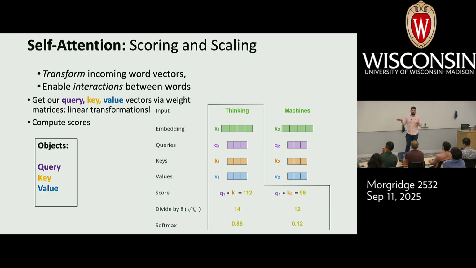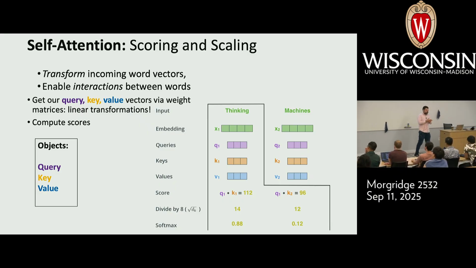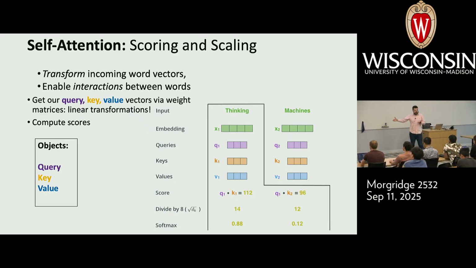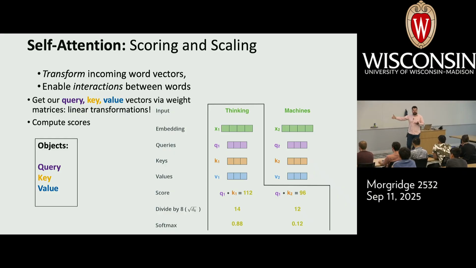Everybody okay with that? So what am I really doing here? I'm saying, oh, I'm looking at the first word in my sentence. What other words in my sentence have some interaction with this word? I'm trying to figure that out. And based on this, I'm trying to say, hey, how much should I care about all the other words in my sentence? How much should they influence what I'm doing as I'm sending this word through a layer?